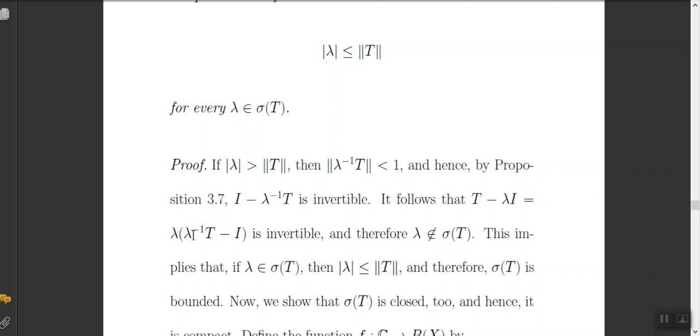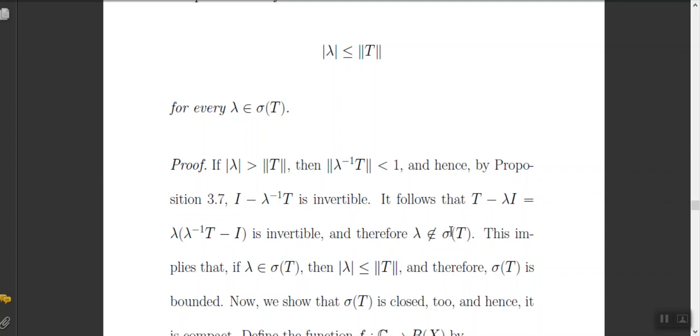If we multiply it by a non-zero scalar, here lambda is non-zero because we supposed this, then lambda times lambda inverse t minus I is also invertible, but this equals t minus lambda I. So when you say t minus lambda I is invertible, what does it mean? It means lambda does not belong to a spectrum. Actually, lambda belongs to the resolvent set.